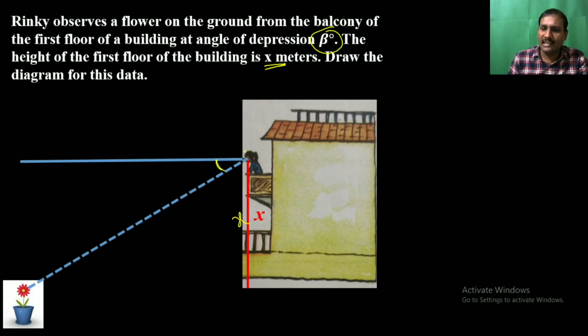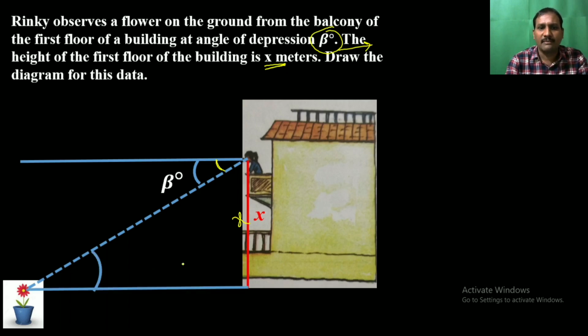Then that angle is the angle of depression, which is beta degrees. Now let us join the bottom horizontal line also. Now see, this is also equal to beta degrees because the angle of depression is equal to the angle of elevation. These two angles are equal. Now this is the diagram.